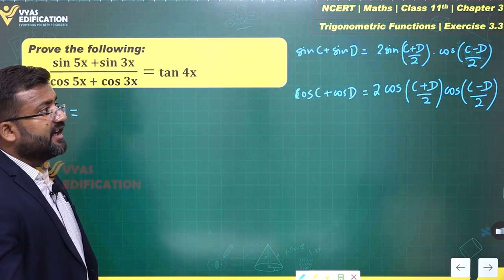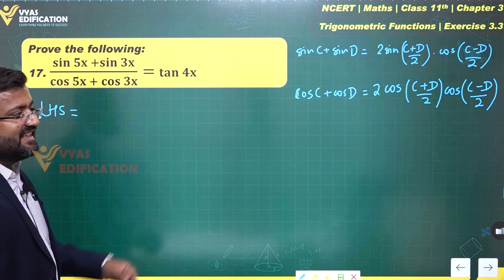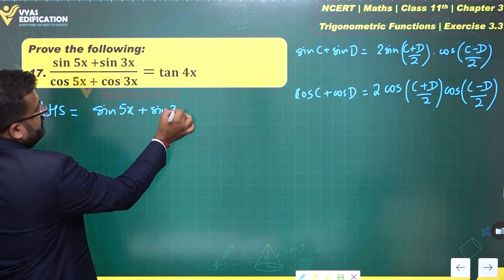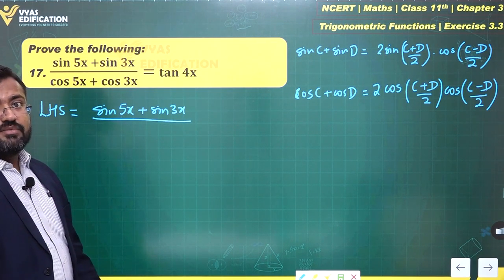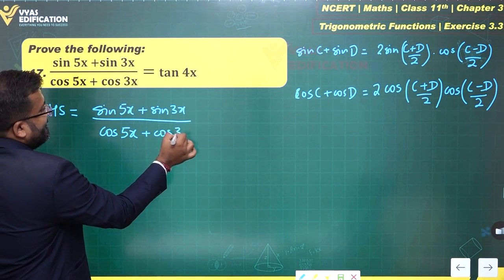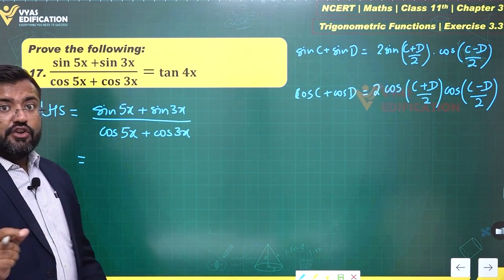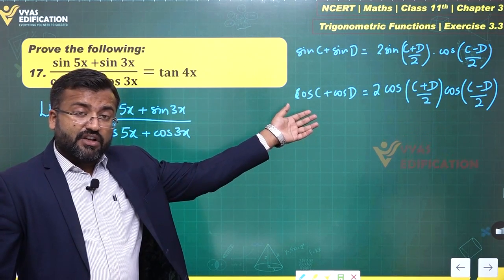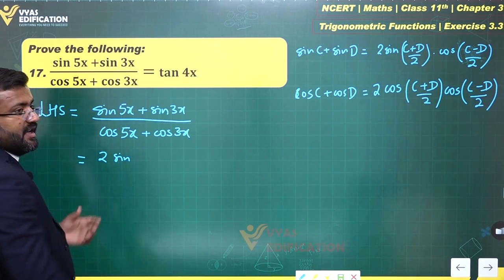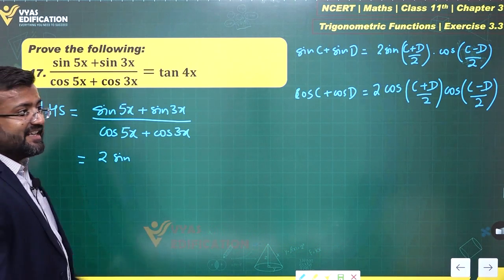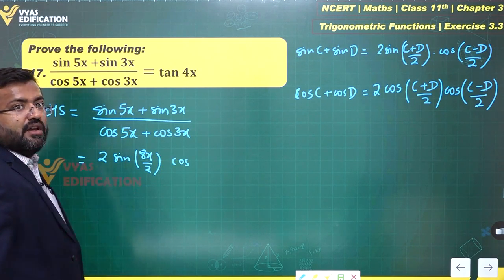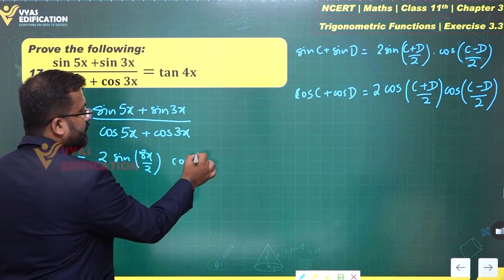Let's take a look at the LHS. LHS is sin 5x plus sin 3x in the numerator and cos 5x plus cos 3x in the denominator. The numerator is similar to sin C plus sin D. That will convert to 2 sin (C plus D)/2, so you get 2 sin (5x plus 3x)/2, which is 8x by 2, times cos (5x minus 3x)/2.